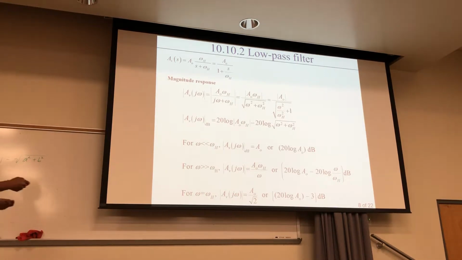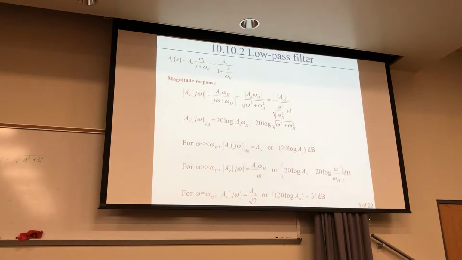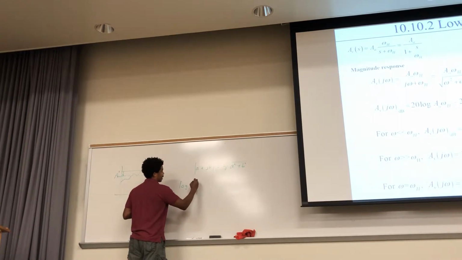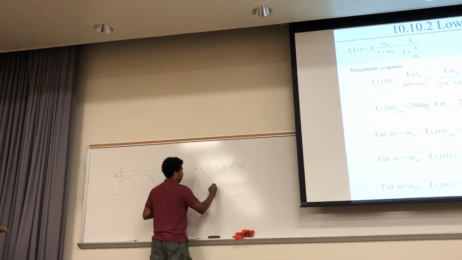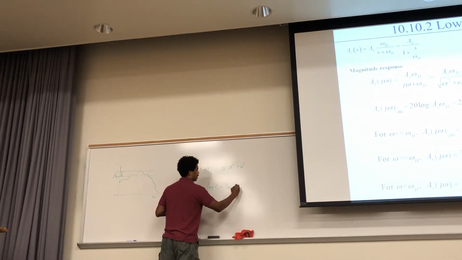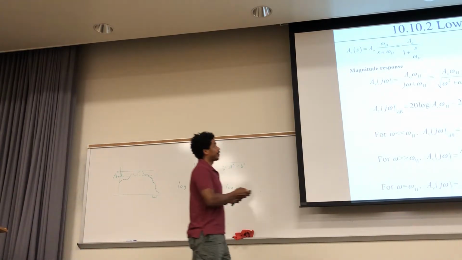And so once it's in this form, you can convert this into decibels. And remember, when you're doing logs, the log of C over D is the same thing as saying log C minus log D. Okay? So that's where this comes from, right here.